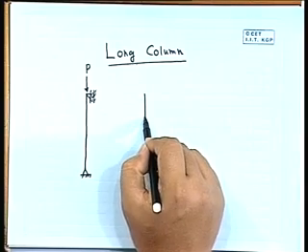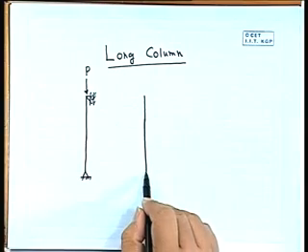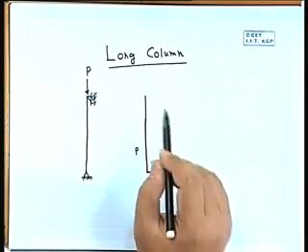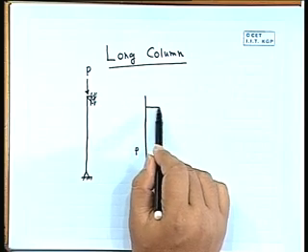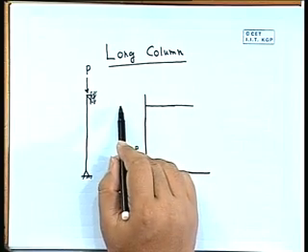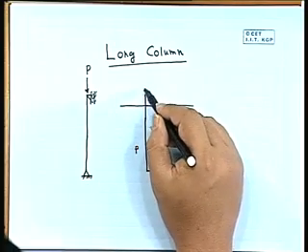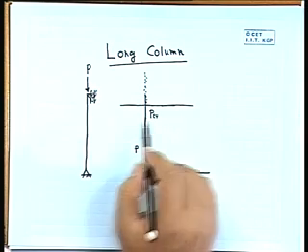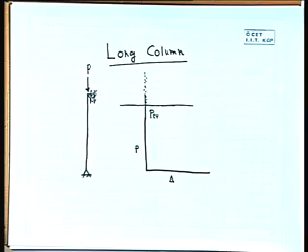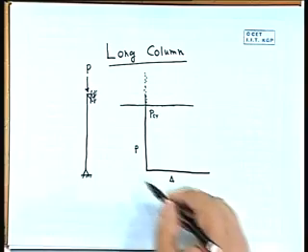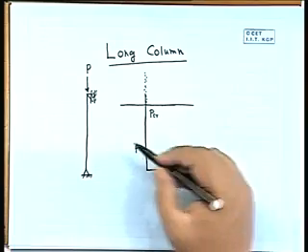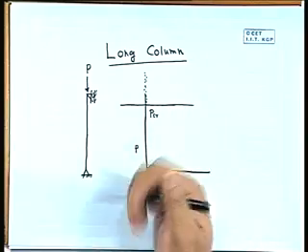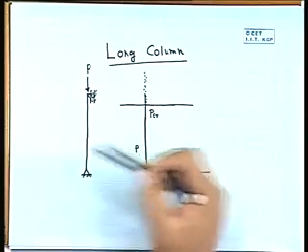Now, the load deflection curve, you must remember delta, this was P. Now, if it is a perfect system, if you apply the load, it will directly take that load in the axial manner, there will be no lateral displacement.